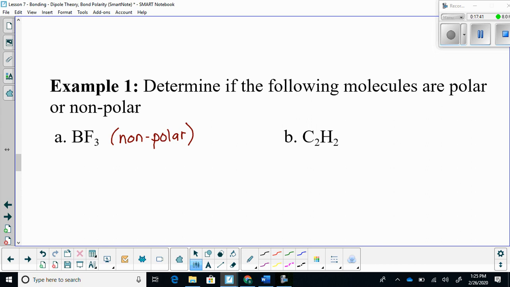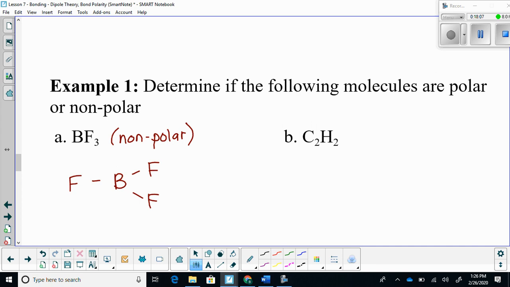This is what's happening behind the scenes. So whenever I'm showing the behind the scenes or asking you to draw dipoles, I want you to use a VSEPR diagram. So boron is attached to 3 fluorines. Okay. From here, we're going to draw our dipole moment. The dipole moment is based on the electronegativity difference.